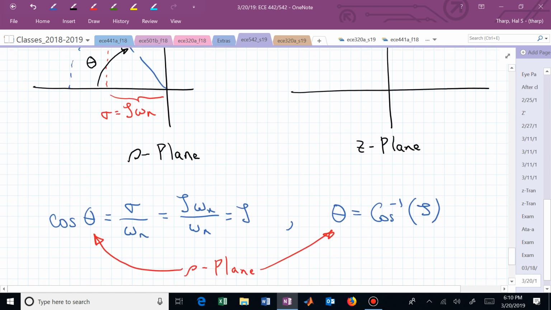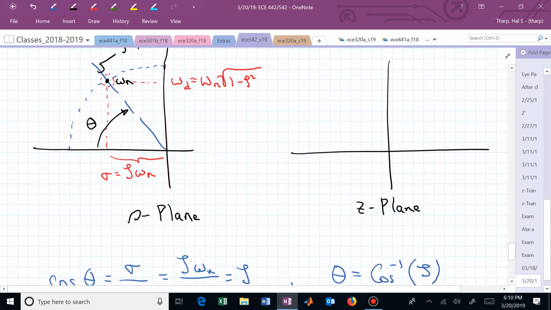Or we can now put that over here and we can say, oh, for a given s value in the s-plane, we are now at a point, let's say right there, which is a distance r and an angle theta sub d.